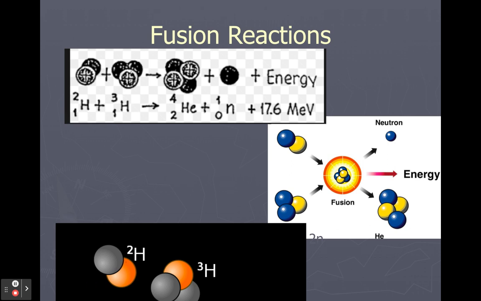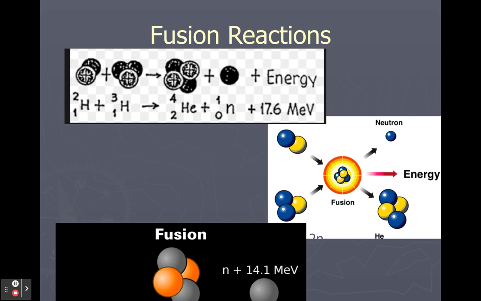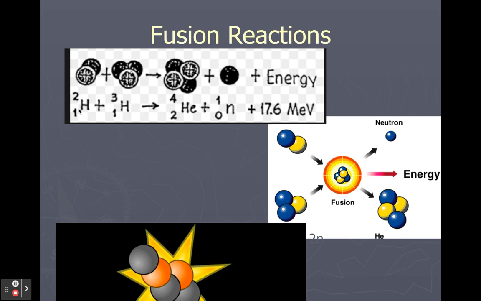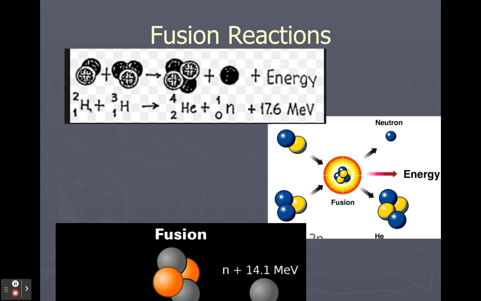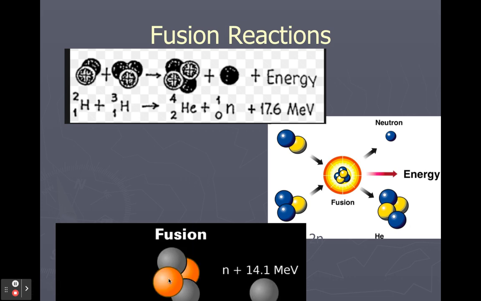Now, fusion sounds similar, but is the opposite. Fusion means to come together. Fusion happens in stars like our sun. And you have very light elements, almost always hydrogens, coming together to make something like helium. Right? So you can see if they're fusing together, a lot of energy is released.